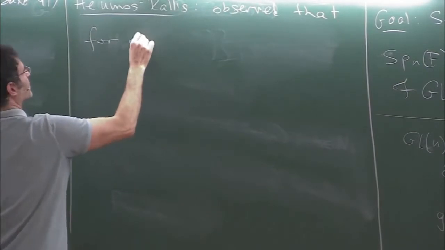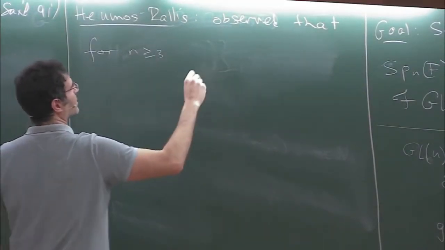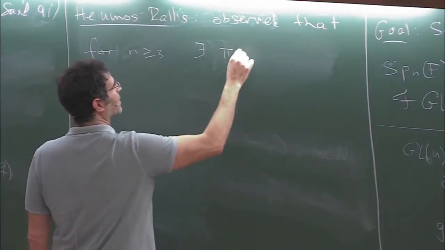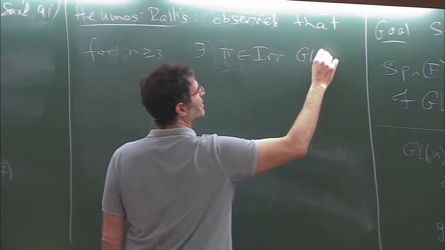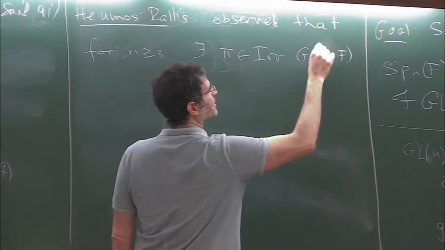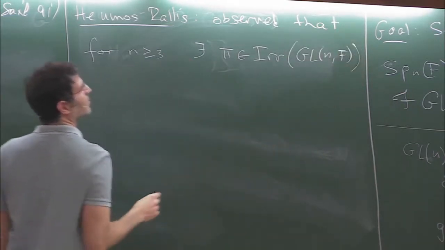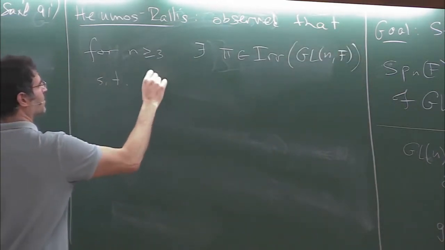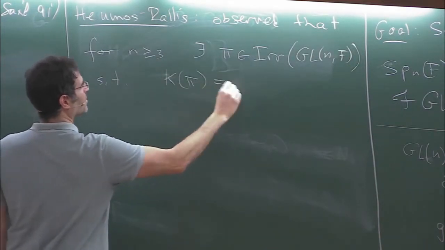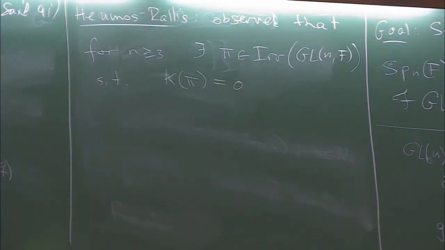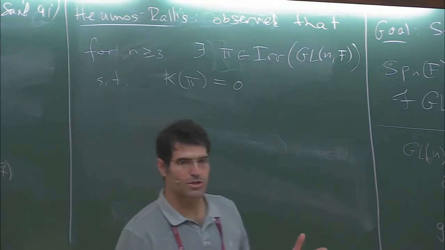As long as n is greater or equal to 3, there exists an irreducible representation pi of GLN over a p-adic field with no Klyachko model. So for GL2, this family of models, there are just two of them.